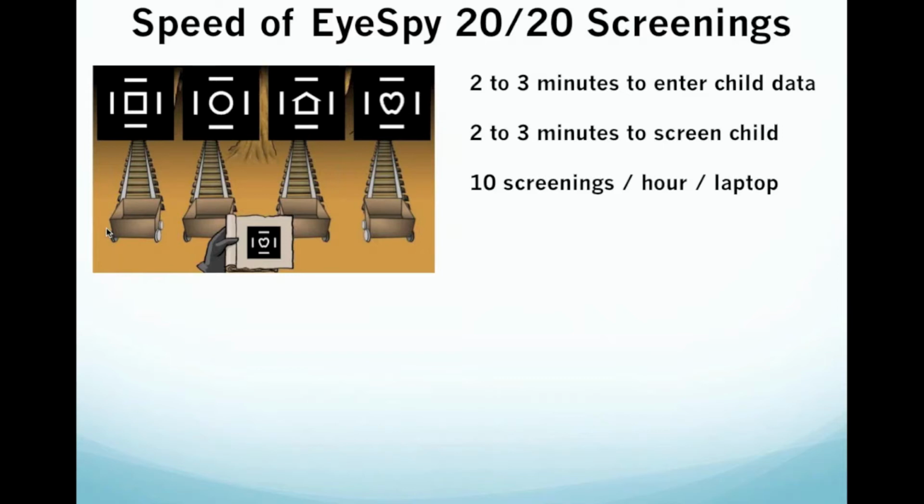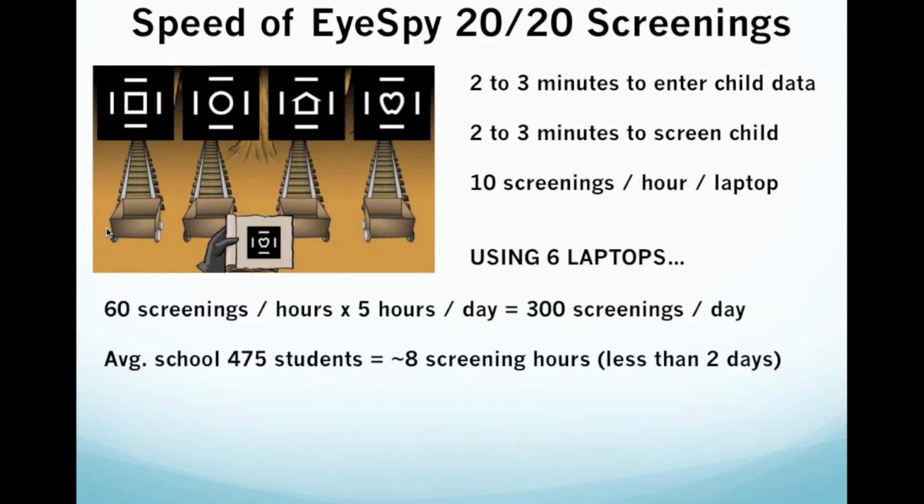So on the high side of things, being conservative, you can do about 10 screenings per hour per laptop. And with EyeSpy 2020, there's no limitation on the number of laptops on which you can install it. So we have schools that are actually using 10 or more laptops. But if you just use 6 laptops, you can do about 300 screenings a day.